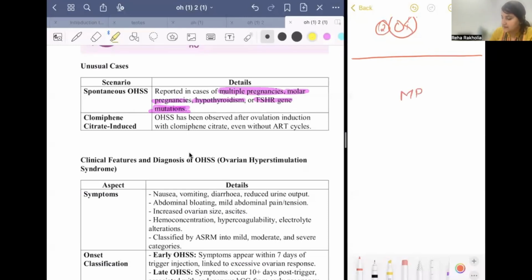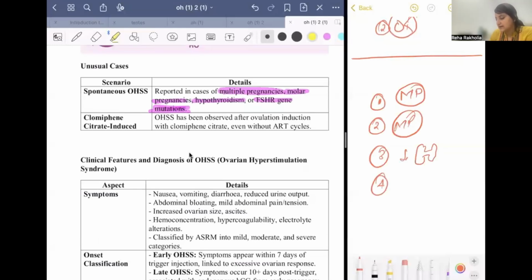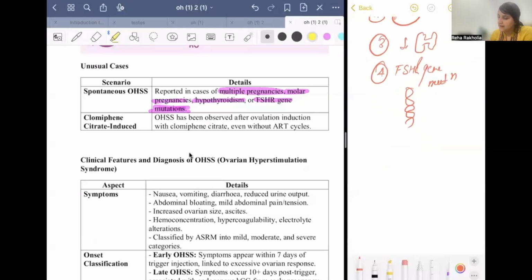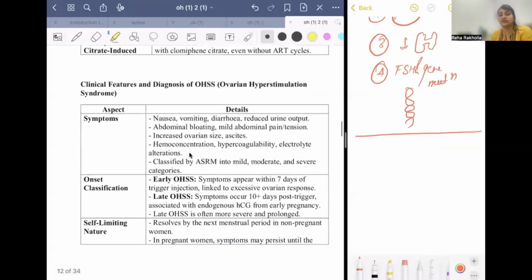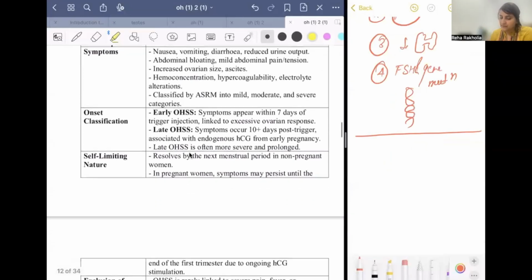Multiple pregnancy, unusual cases of OHSS we are talking about. Second is molar pregnancy. Third is hypothyroidism. This is the thyroid gland. Hypothyroidism, and FSHR gene mutation. Additionally, OHSS has also been observed after ovulation induction with clomiphene citrate, even without an ART cycle.